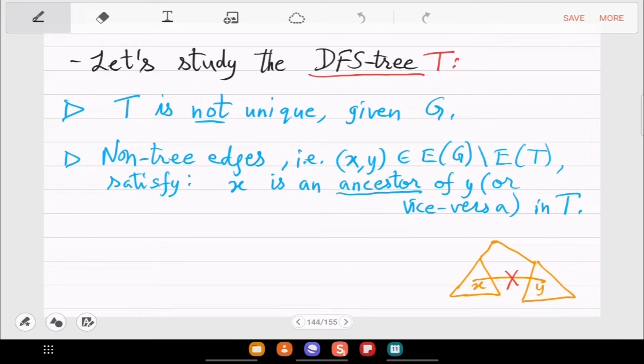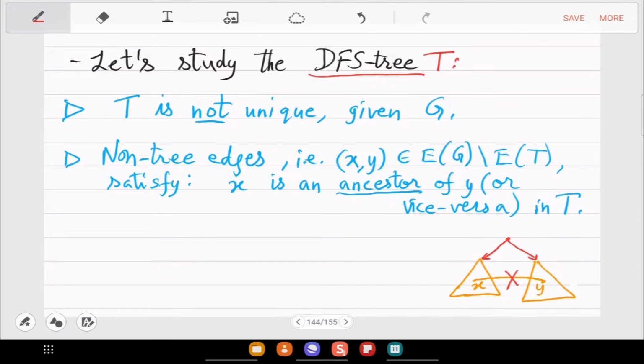So this non-tree edge can never be like this, that you have... okay, change the color maybe. That there is a DFS tree structure with left subtree, right subtree, and then within the subtrees there is an interconnection. That cannot happen.